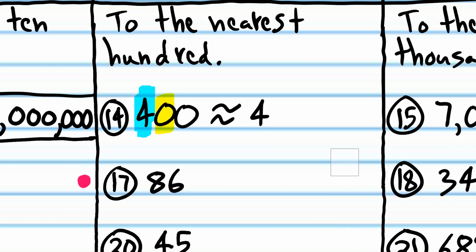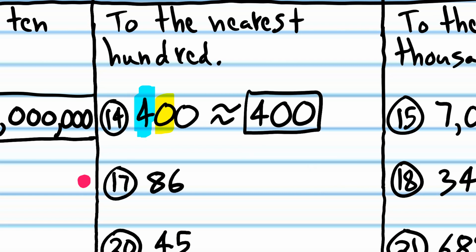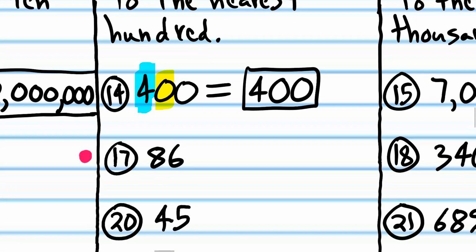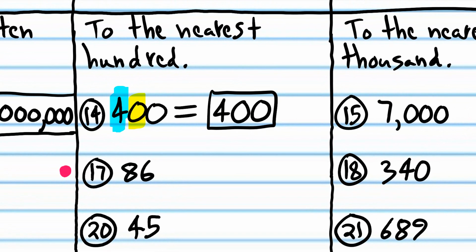And the yellow number and all numbers to the right of the yellow go to 0. But again, as you can see, they already are 0. So we just have the same number, and we can erase the approximately equal to sign and just write an equal to sign. So these are examples of numbers where when you round them, they don't change.